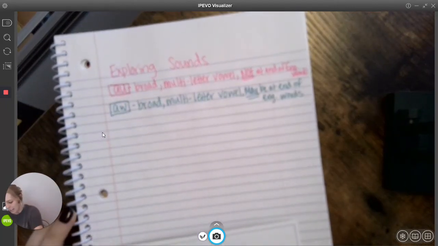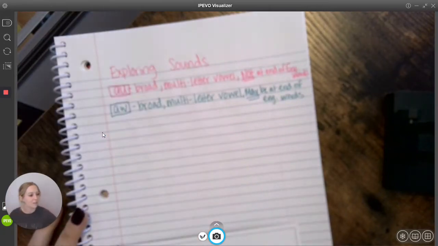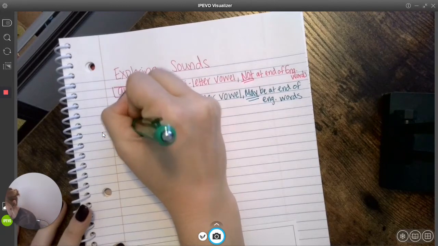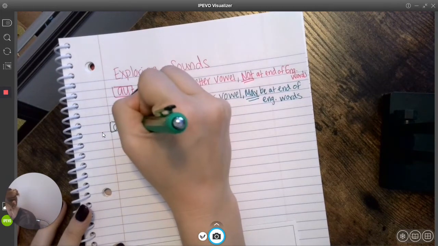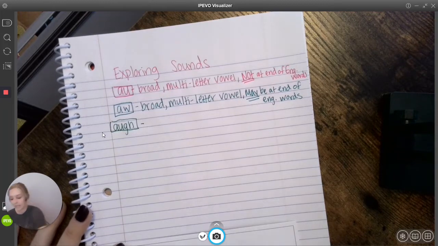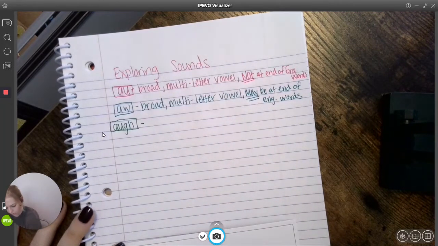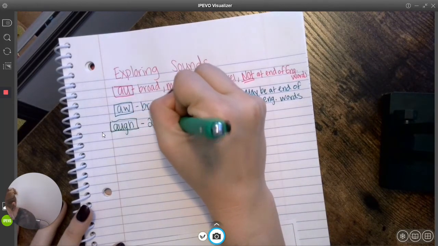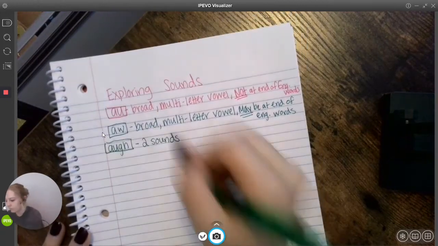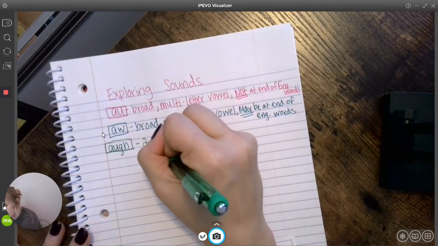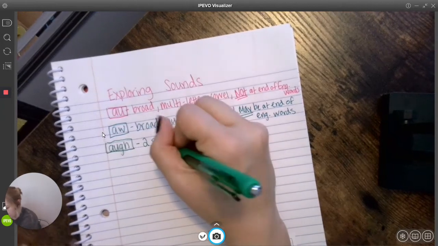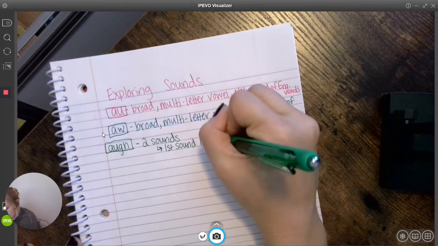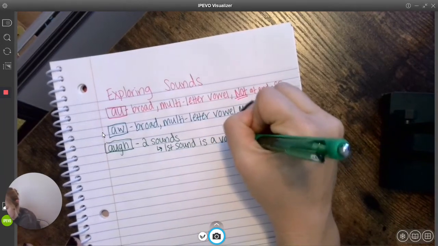So we're going to write in a new color, AUGH has two sounds, and we're going to write first sound is a vowel sound.